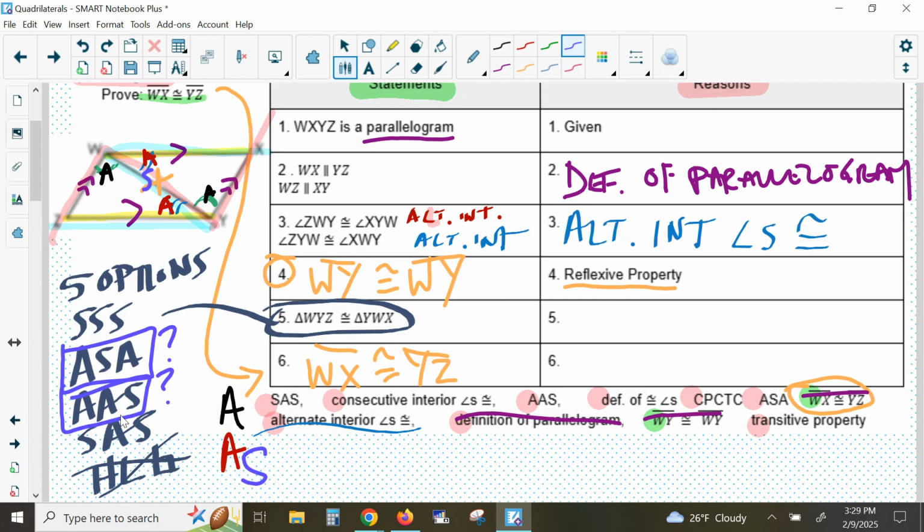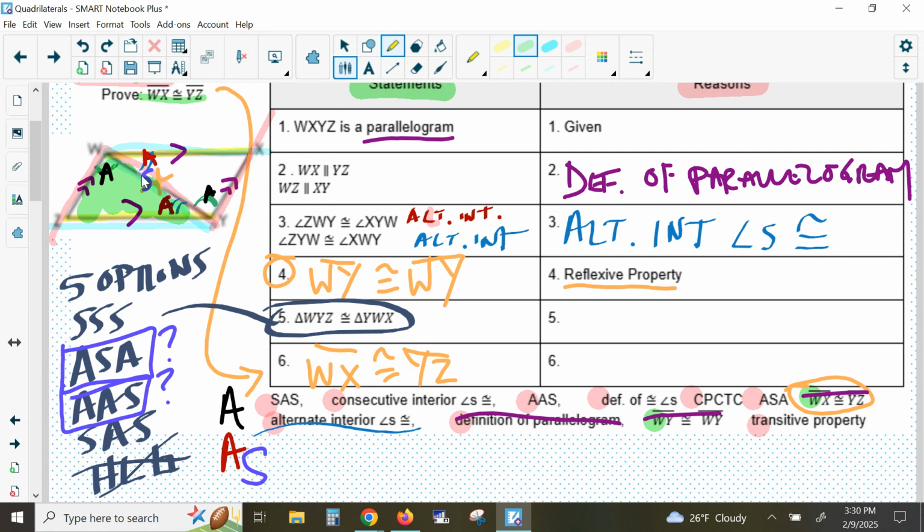Okay, so we have to decide. Remember, we only look at one triangle now. I'm going to look at this bottom green triangle right here. And I'm going to ask myself, is my S touching both of my A's, or is my S only touching one of my A's? So if I look in this green triangle, you see how there's an A here and an A here, and you see how the S is right in the middle.